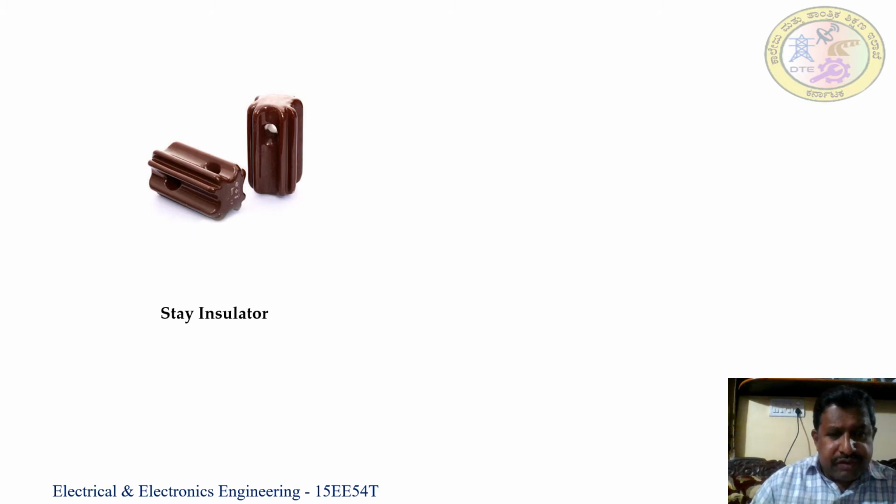So here is the stay insulator. Stay insulator comes for the dead end poles. Whenever we terminate the ACSR conductor, we are going to use this type of stay insulator or disc insulator. Here is the stay insulator. So you can see the holes here.